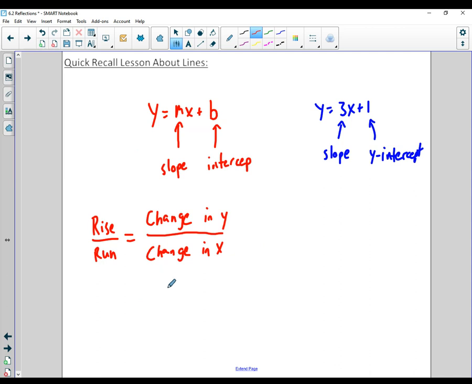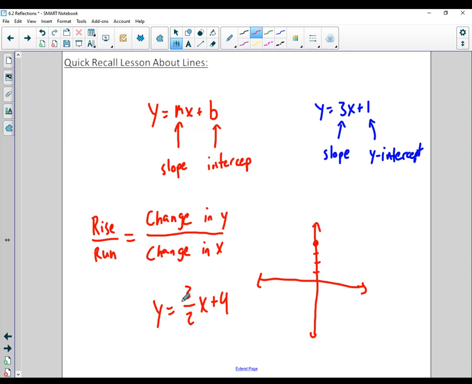And what that tells us is that if we have, let's say, the line y equals 3 halves x plus 4, what this y-intercept of 4 tells me is that I'm starting at y is 4 up here, and then what this 3 halves tells me, the slope of 3 halves, rise over run.